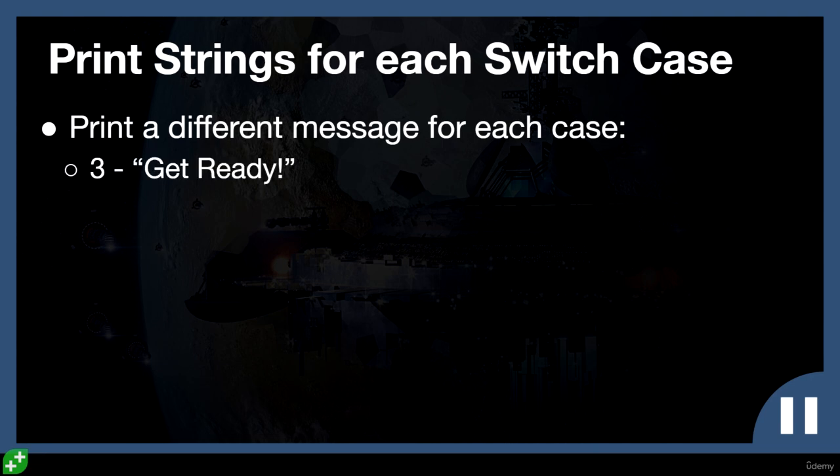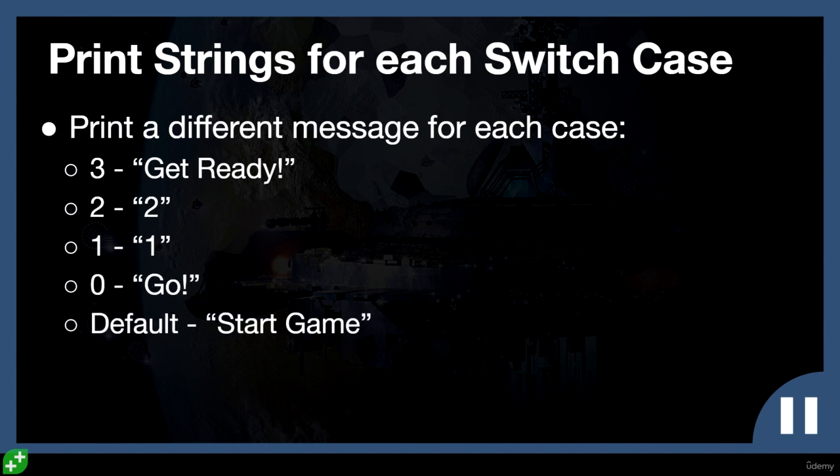For the value 3, you can print get ready using a print string node. For the 2 case, you can simply print the value 2. For the 1 case, you can print 1. And for the 0 case, you can print go. Now for the default case, simply print start game with our print string node. Pause the video and add a whole bunch of print string nodes in the event graph now.